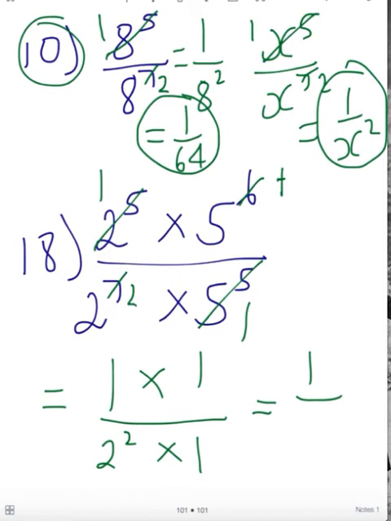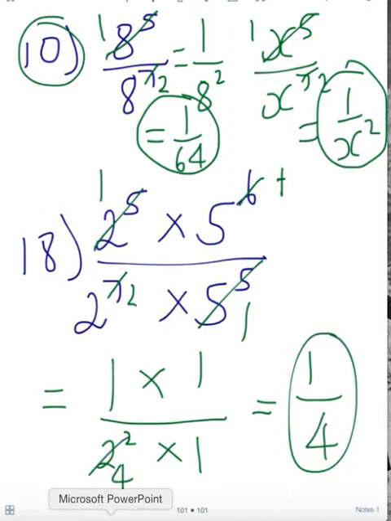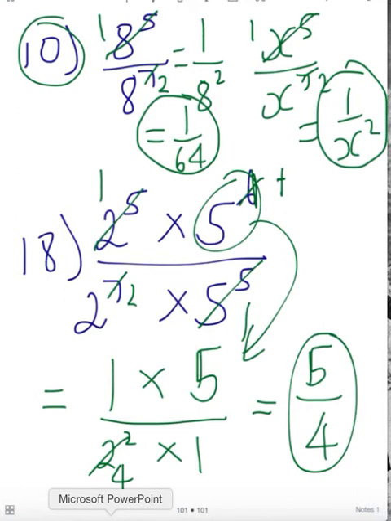So our final answer should have been 1/4. Sorry, I just realized the mistake I made. This should have been a 5 here, because 5 to the power of 1 is 5. Sorry, I forgot that 5 over there. So we should have had 5 over 4. And if you turn that into a mixed fraction, 4 into 5 can go once, remainder 1 over 4.